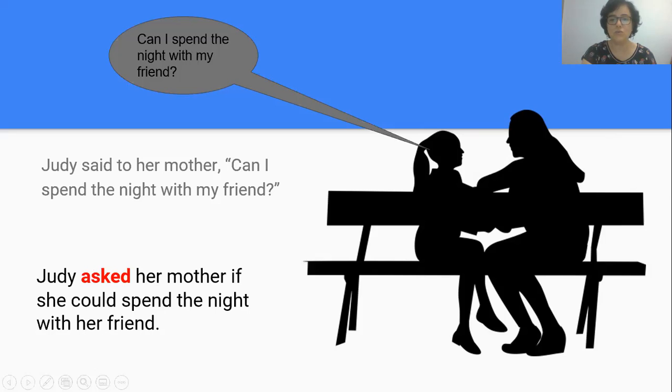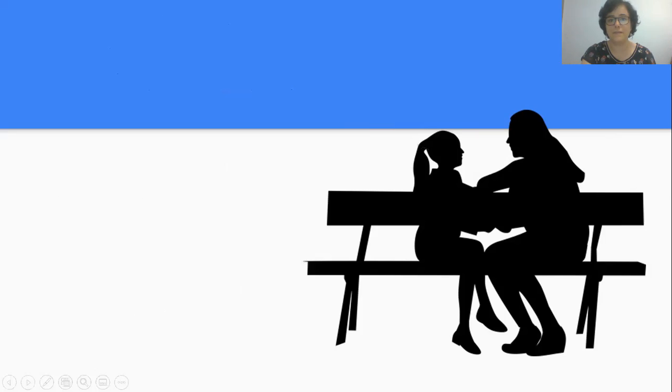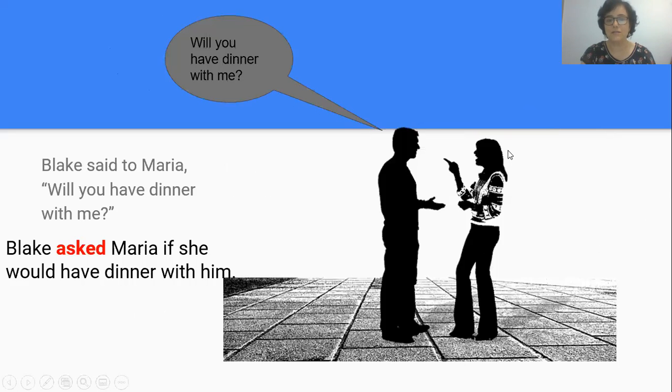Can we do these two one more time? So we go back to this one, which we had done a little earlier. This is Blake and this is Maria, and Blake is speaking to Maria. Blake is asking Maria, will you have dinner with me? It's a question. How do you know it's a question? There's a question mark. So when you write it as direct speech, you say, Blake said to Maria, will you have dinner with me?